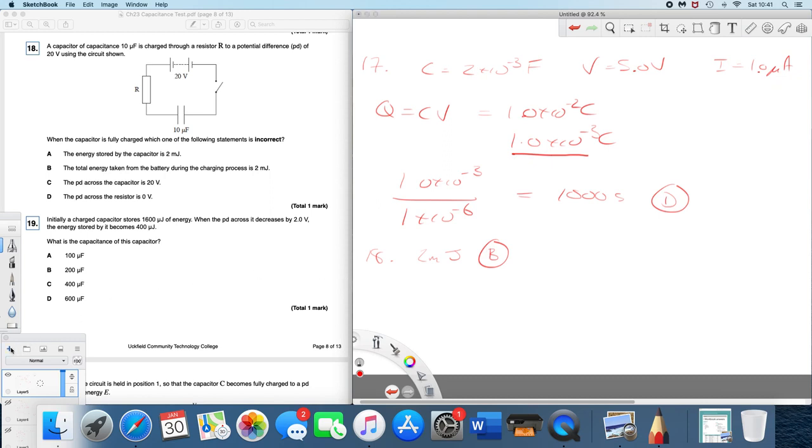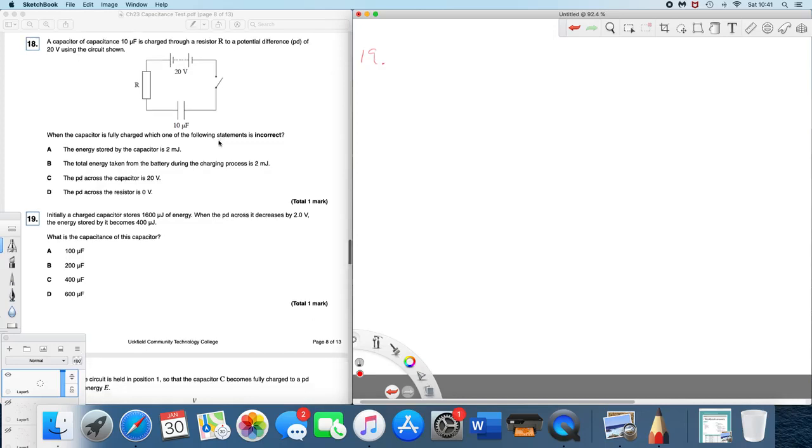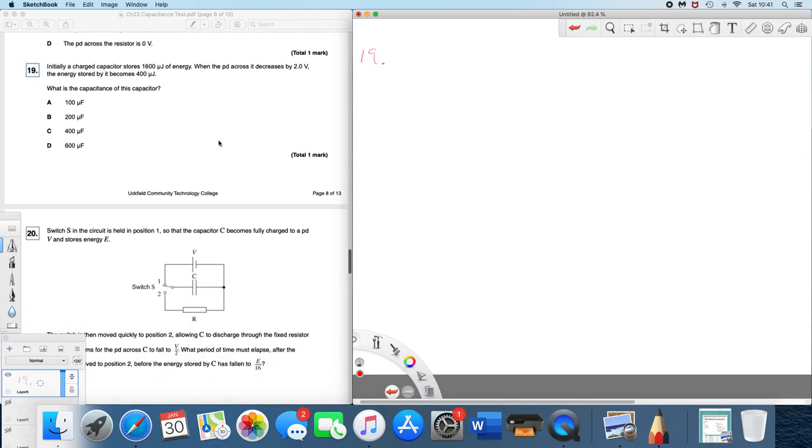Question 19. Initially, a charged capacitor stores 1600 microjoules of energy.